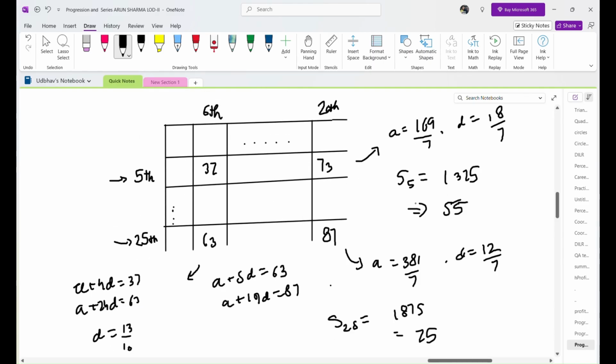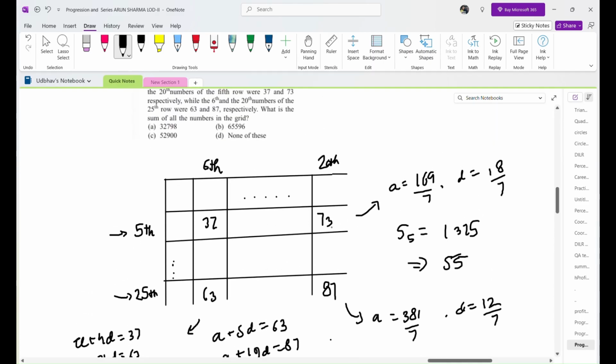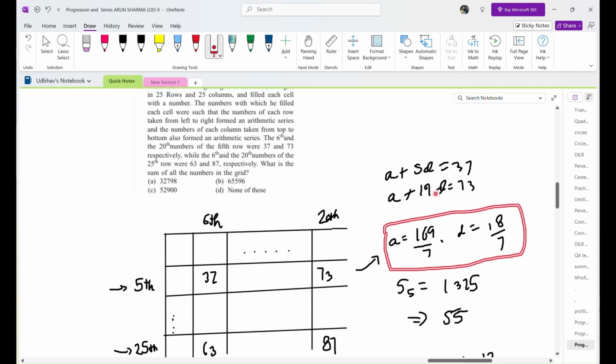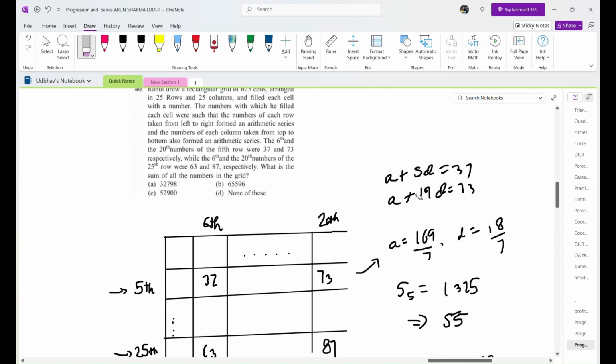So if this is an AP, we can find the value of A and D using the equations: A plus 5D equals 37, since this is the sixth number, and A plus 19D equals 73, since this is the 20th number. If you solve these two equations, you will get the value of A and D. You can solve it yourself.